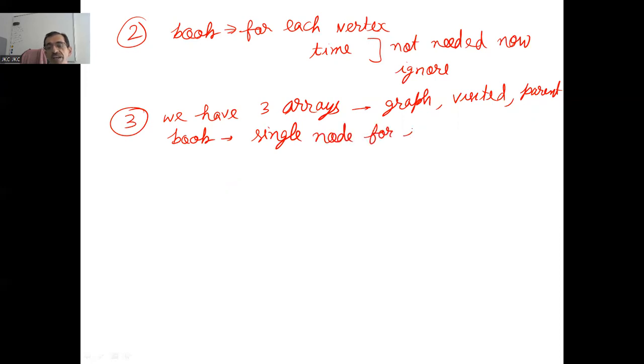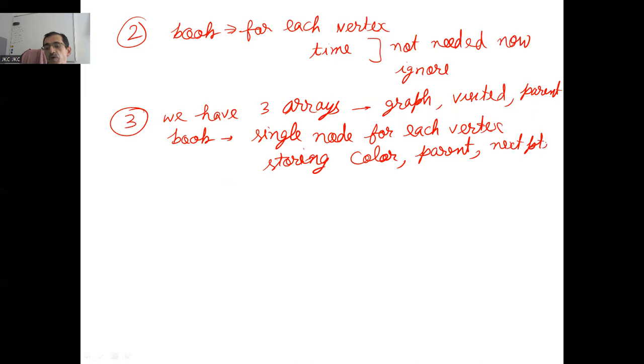For each vertex, it stores its color, its parent, and the next pointer. Next pointer means the adjacency list pointer.